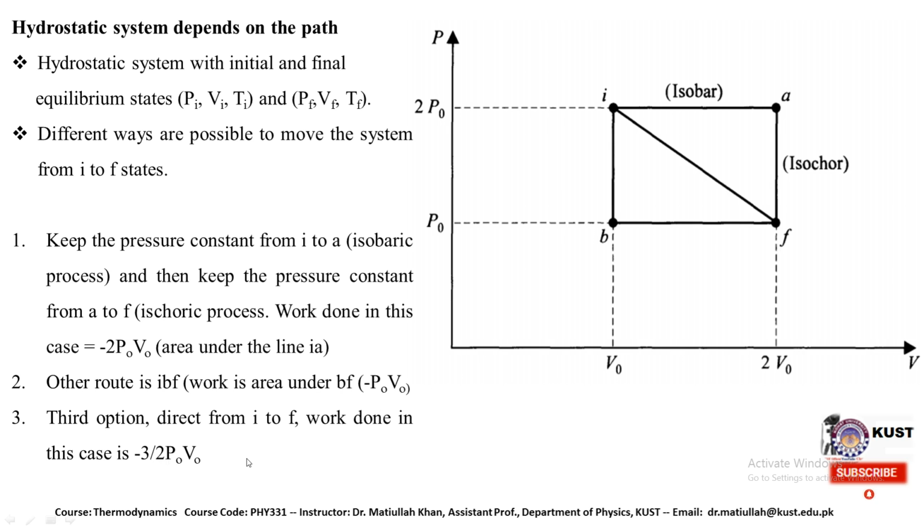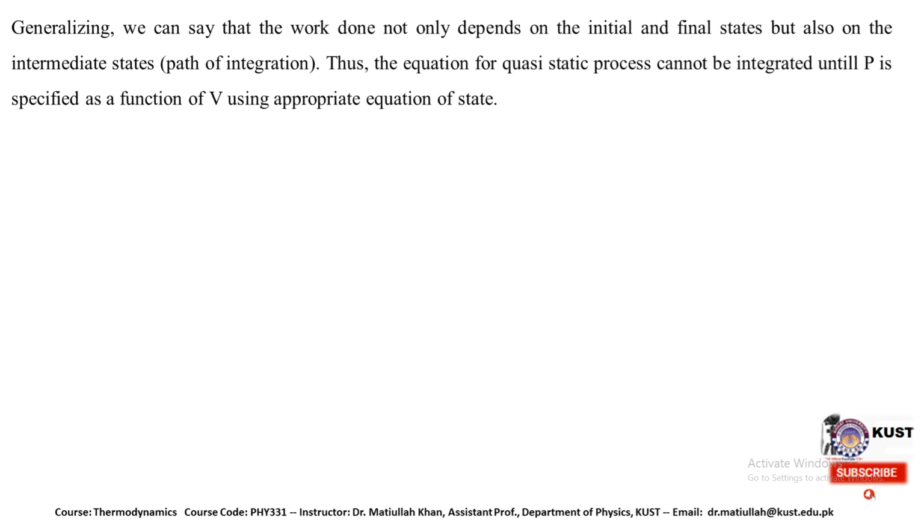If we compare the work done in the three different paths, it is clearly observable that the work done is different from each other. So it means the work done in hydrostatic systems depends on the path followed by the system. If we generalize, the work done not only depends on the initial and final state of the system, but it also depends upon the intermediate states.